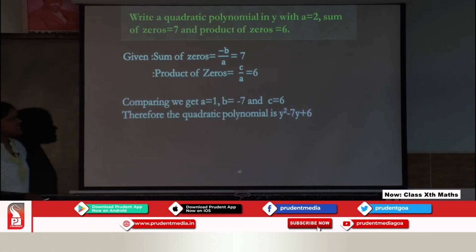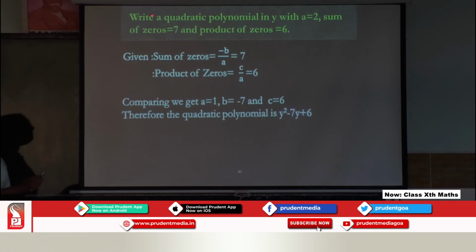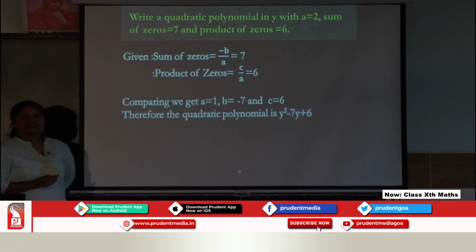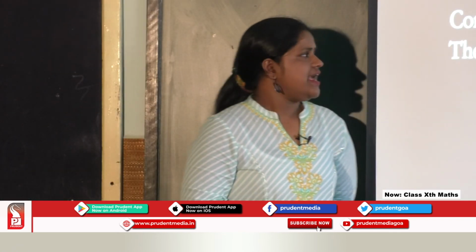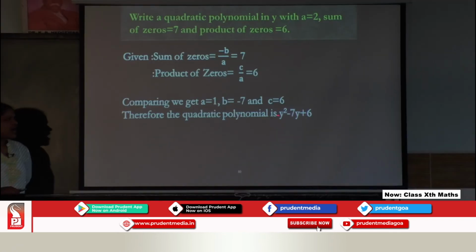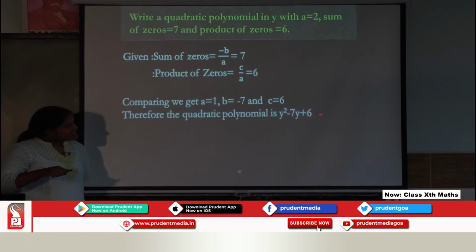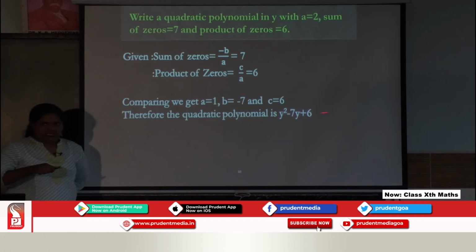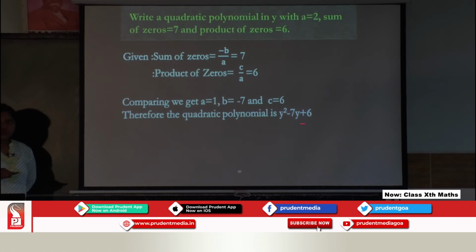But the main question says that a should be 2. So what should we do here? a should be 2, so I have to multiply this entire quadratic polynomial by 2 so that the first term, that is a, becomes 2.